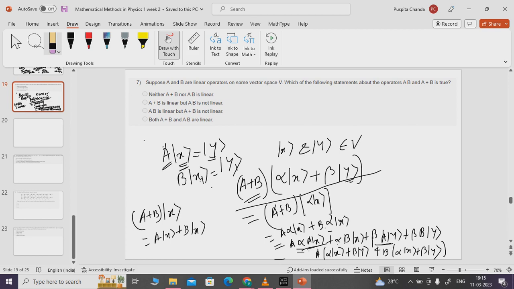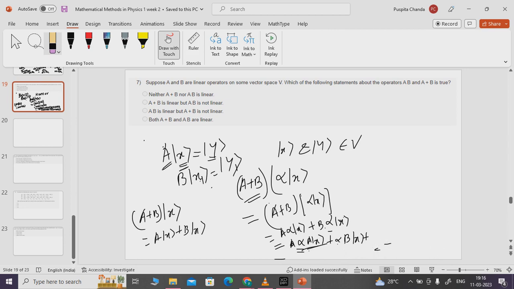So it will not be that cumbersome. A plus B alpha x is A alpha x plus B alpha x, so up to this is fine.